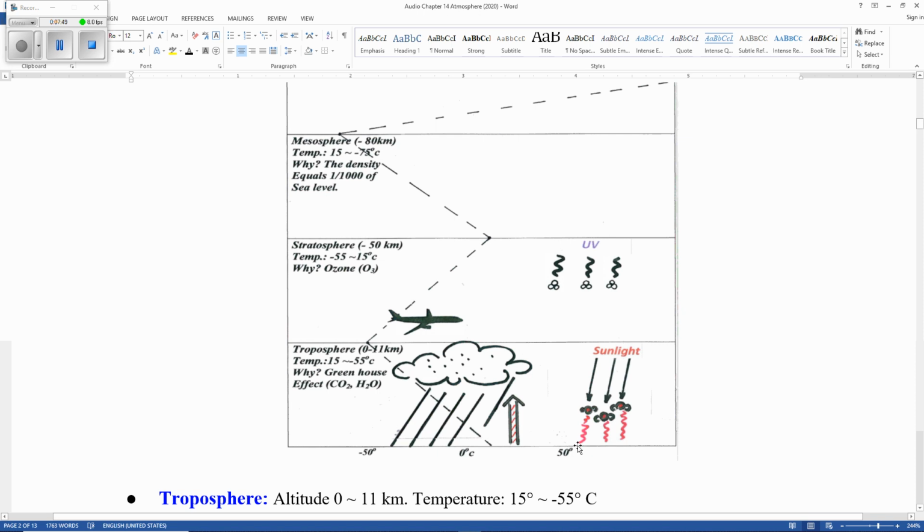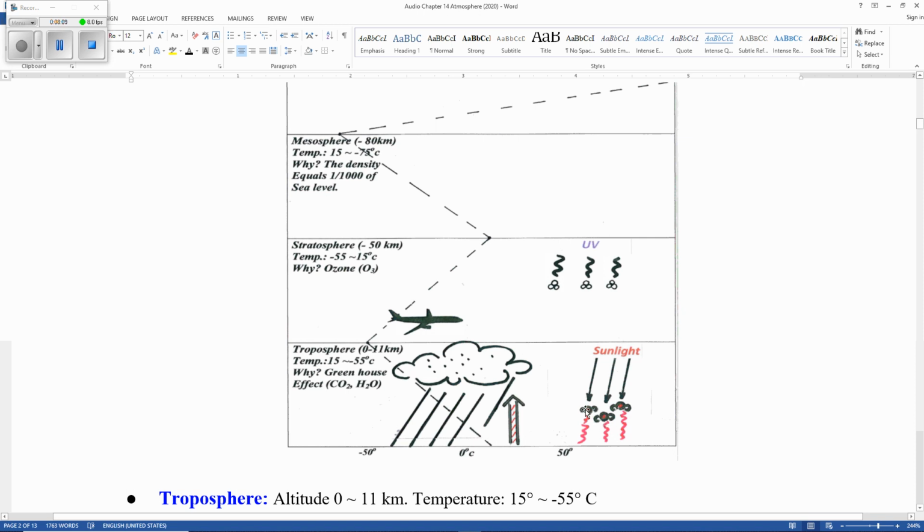Then the Earth gives the energy back as heat, infrared. So light can get in, but the heat cannot get out. We call this the greenhouse effect. We're going to discuss more detail.